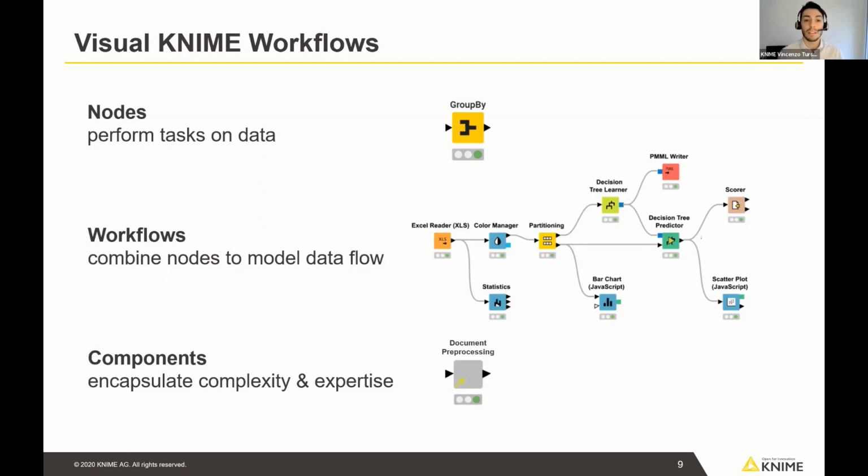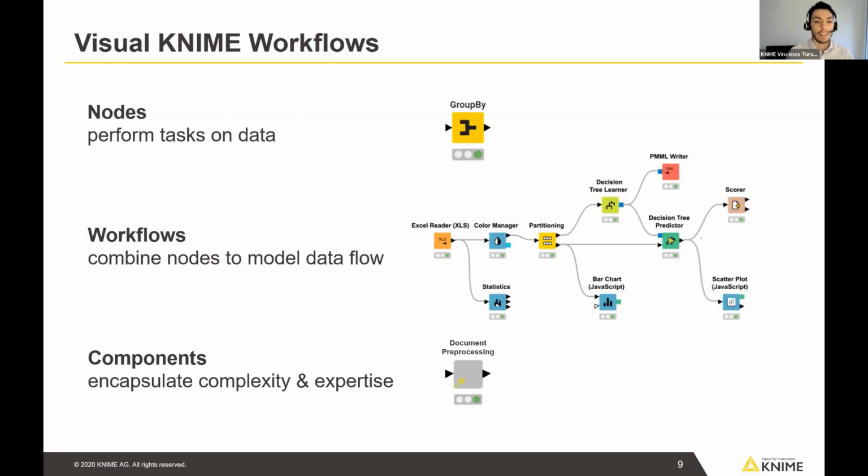So it will be red flagged, and you need to configure the node. Once the node is well configured, the traffic light will be yellow, which means that the node is ready to be executed. Once you execute the node, the traffic light will become green.